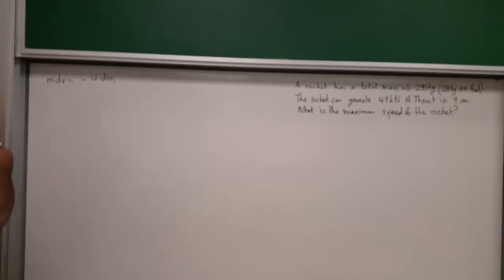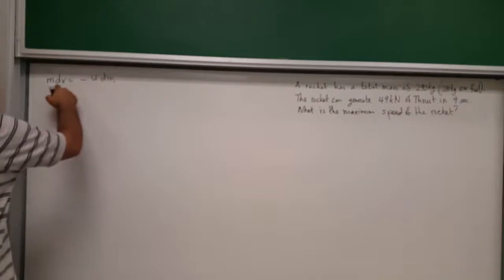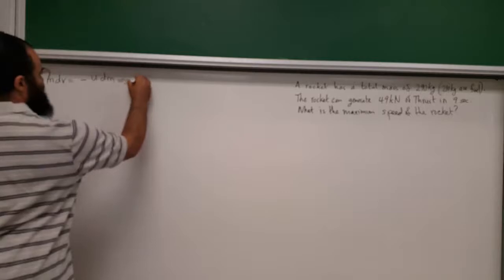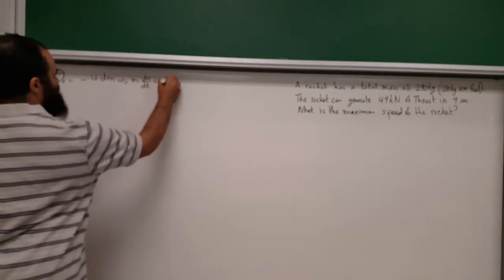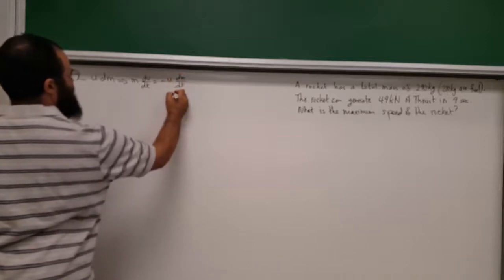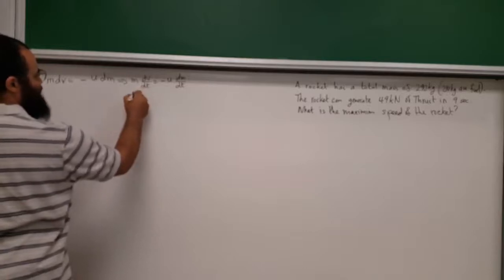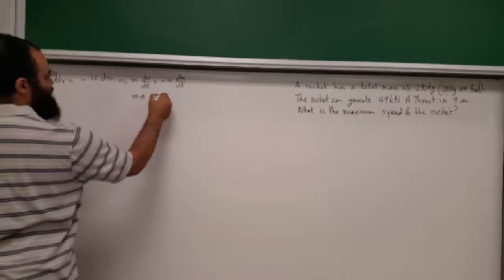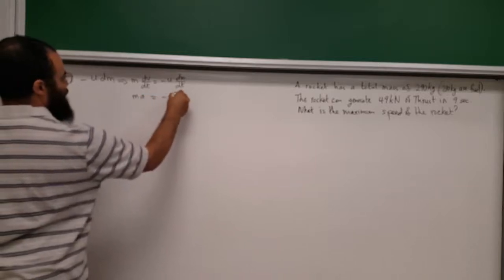And we use this equation here. We can go a couple ways. If we divide both sides by dt, we get m dv/dt equals minus u dm/dt. And this is ma, mass times acceleration, which is the force on the object, equal to negative u times r here.